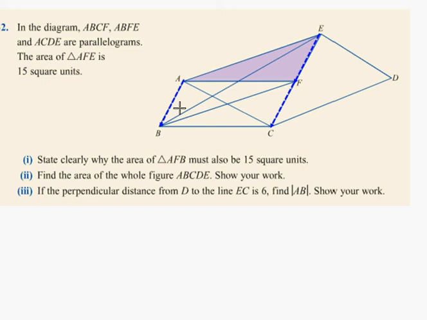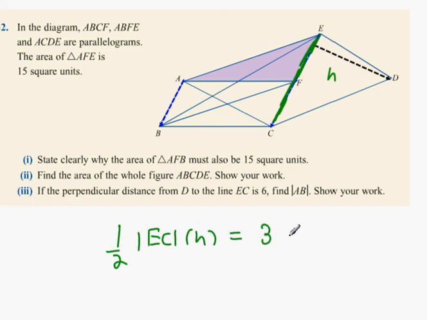You happy with that? Now, the perpendicular distance has to be at 90 degrees, so it's going to be something like that. Remember half base by height? So, the green line, I'll now do it in green, half EC multiplied by H has to equal 30.